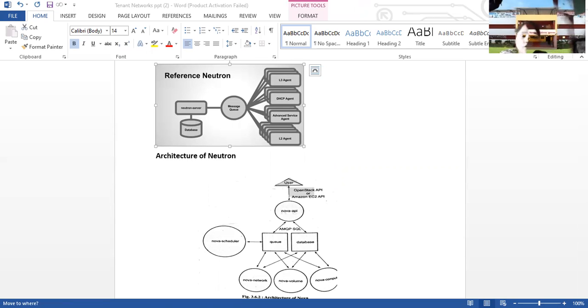Neutron server. The function of the compute is the face of the Neutron environment to the outside world. The REST service accepts API requests from the other components and exposes all the internal working details in terms of networks, subnets, ports, and so on. It is an application written in Python.